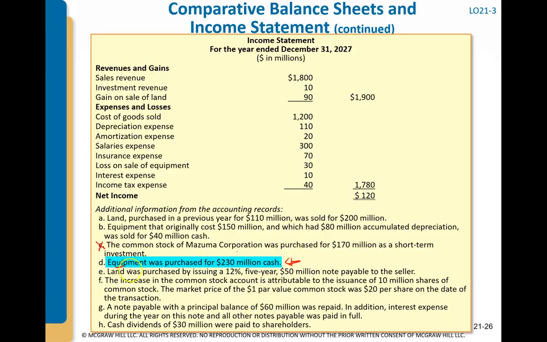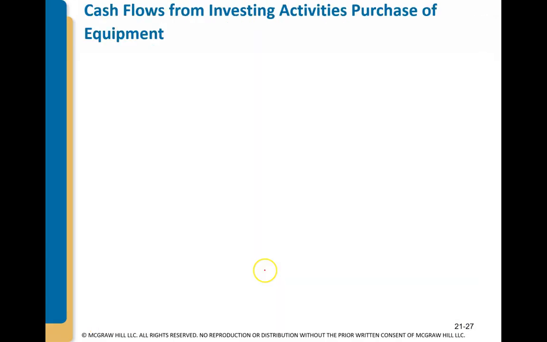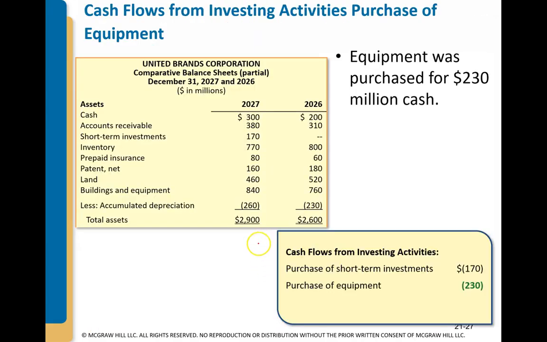So equipment is a long-term asset portion of the balance sheet, so I just picked D. Equipment was purchased for $230 million cash. And so that's pretty simple, we had a cash outflow of $230 million, and we just say purchase of equipment, negative $230 million. See down here on the bottom right, we're building our cash flows from investing activities section.